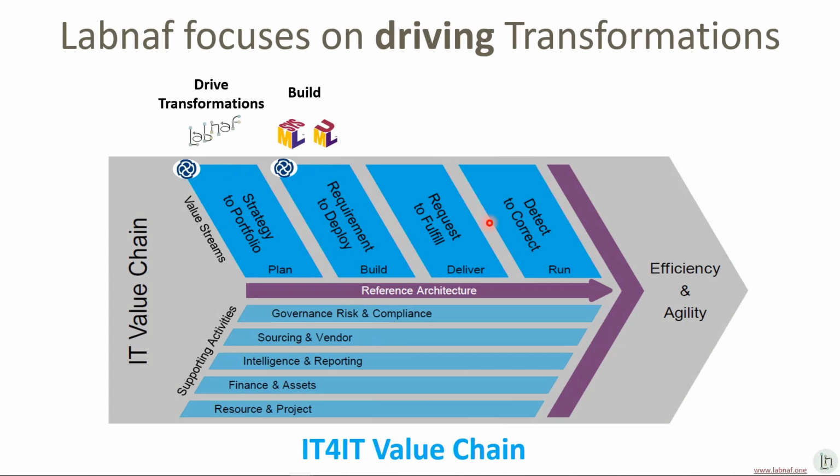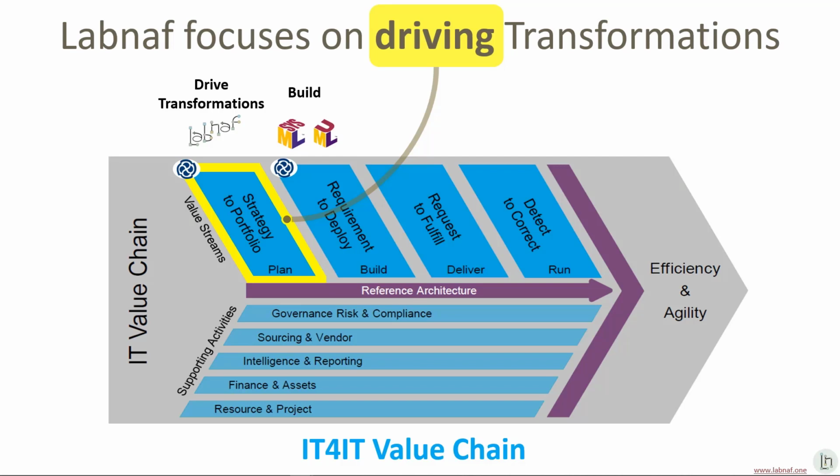If you take the IT for IT framework as a reference, here is how the Labnaf process mapped to the IT value chain. The process of driving transformation corresponds to the first step in this IT value chain.